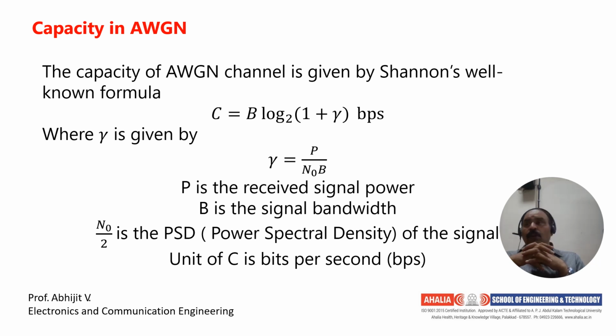Capacity C is equal to B log to the base 2 1 plus gamma bits per second, where gamma, the signal to noise ratio, is given by P by N naught into B, where N naught by 2 is the power spectral density of the signal.